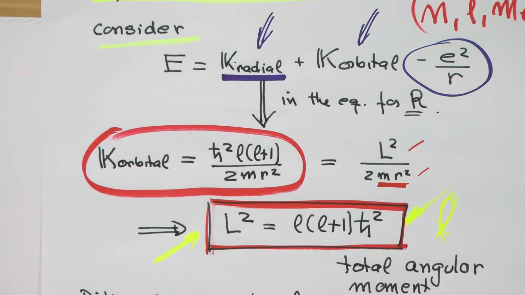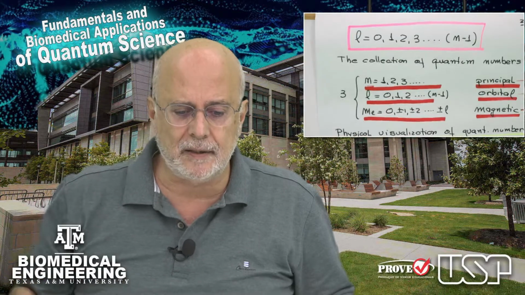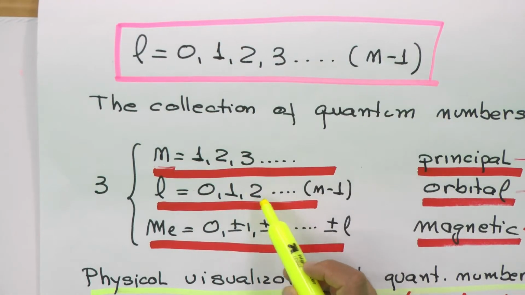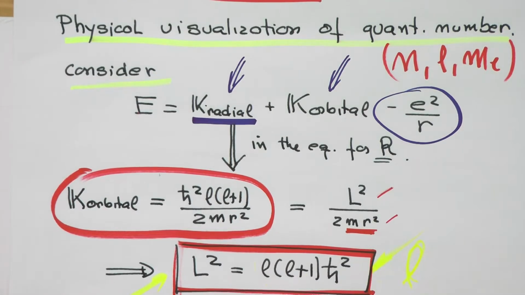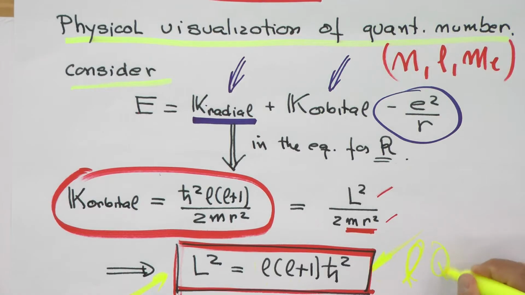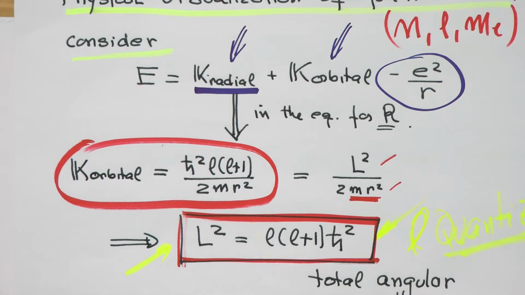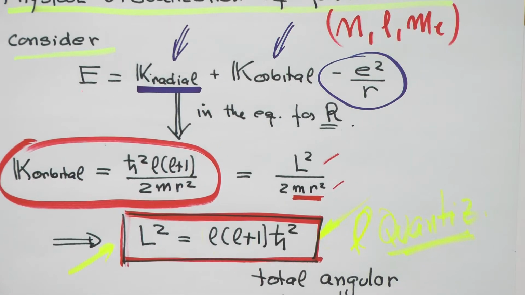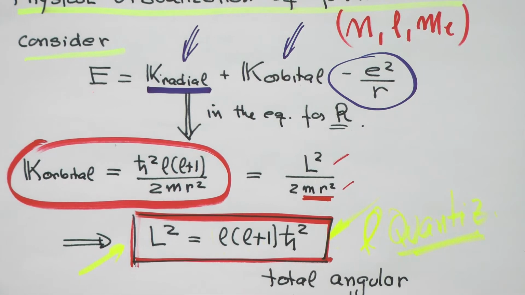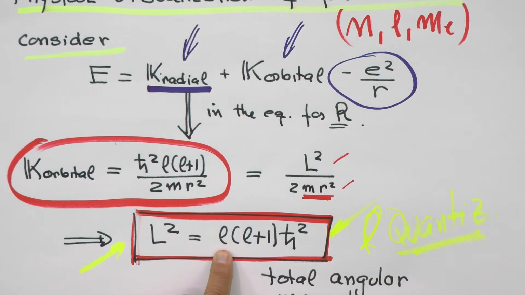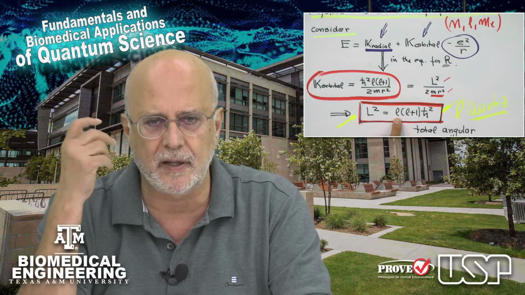Very interesting. And we learned that it can have only integer numbers. Therefore, the angular momentum is quantized in the atom naturally by the solution of the Schrödinger equation. So that's the angular momentum, the number L. Each time I give you a value of L for a state, you know that it represents a different angular momentum.